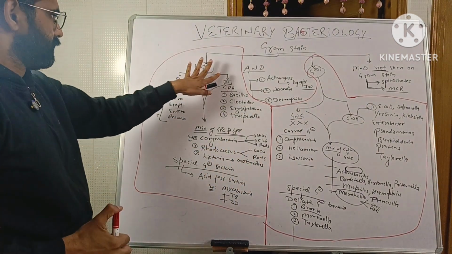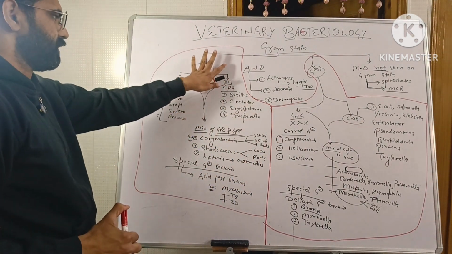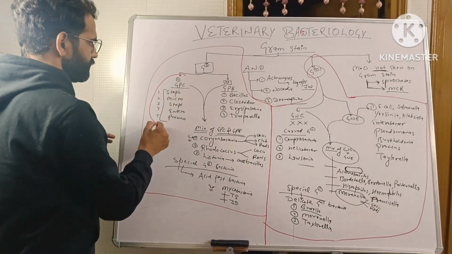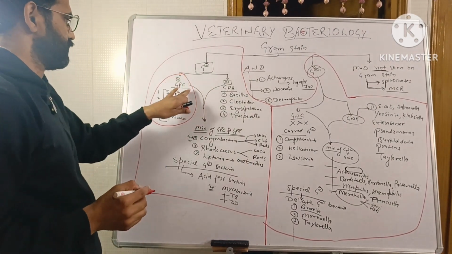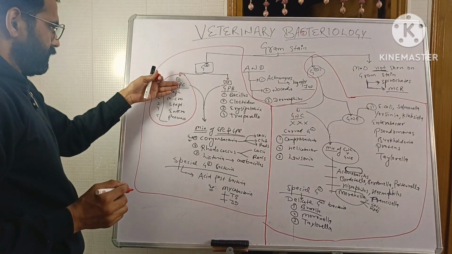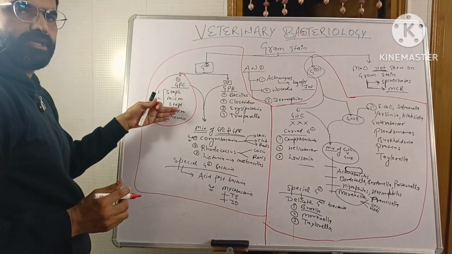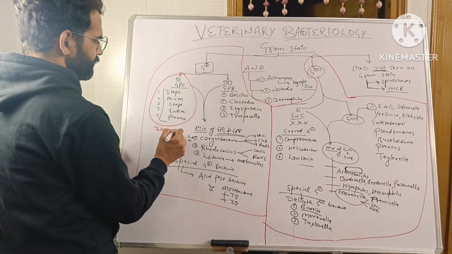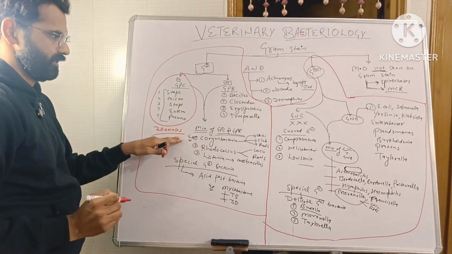So first we'll discuss the gram positive bacteria. In this portion we'll discuss first the gram positive cocci, including their tests, colony and growth cultures, as well as if there is any zoonotic importance.